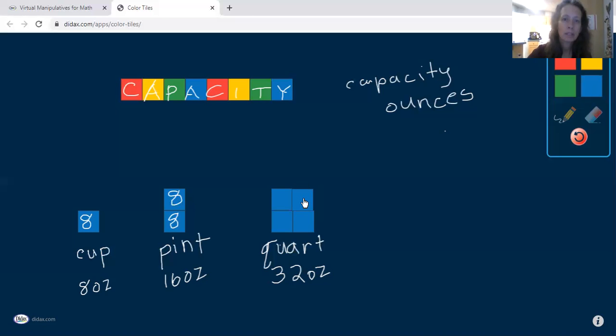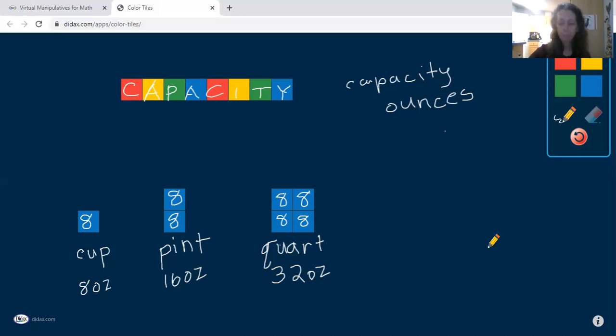Okay, there he goes. So there I have 8 plus 8 plus 8 plus 8. That gives me 32 ounces, which is a quart.